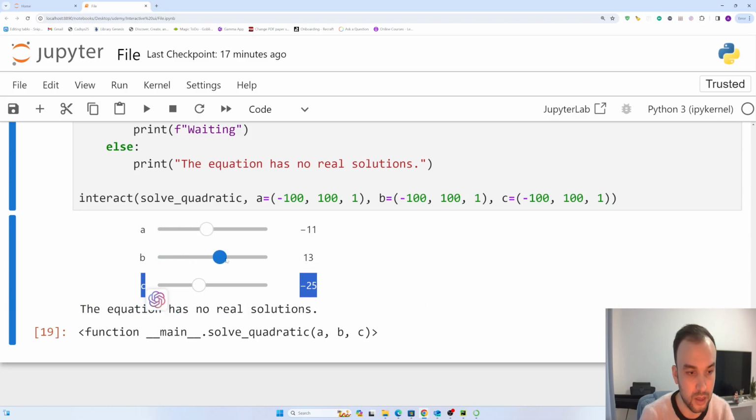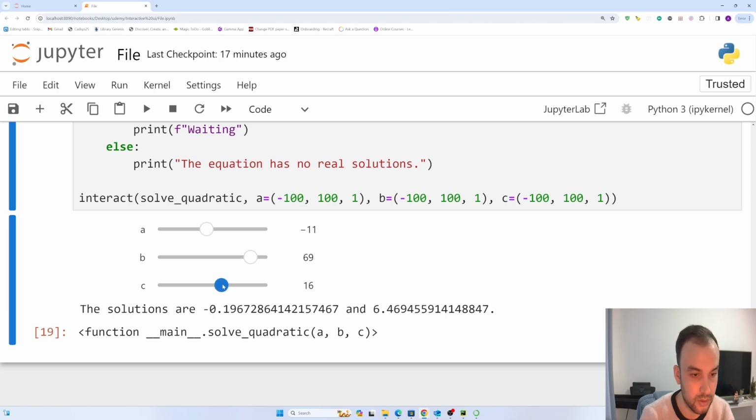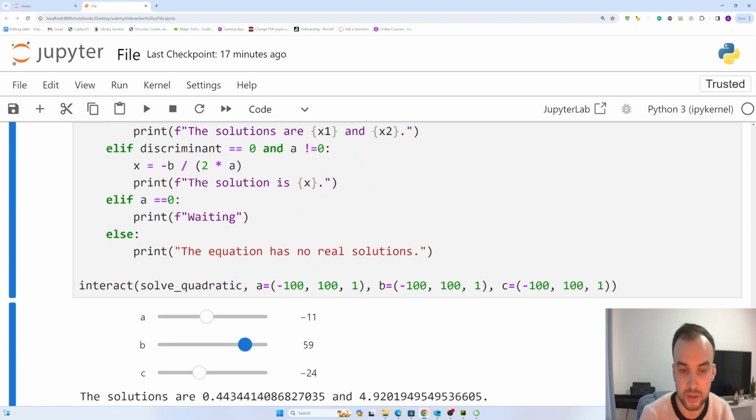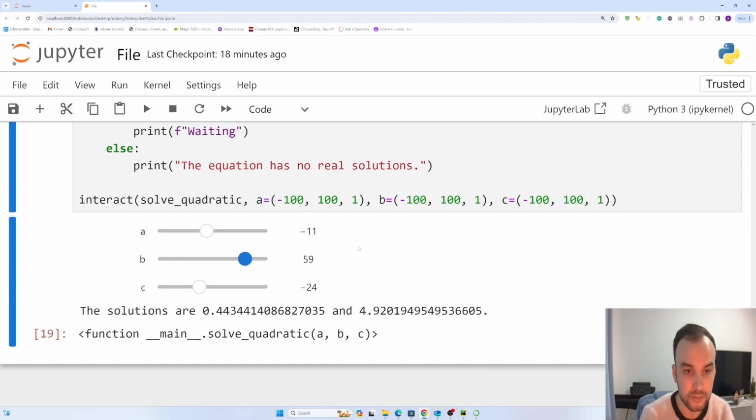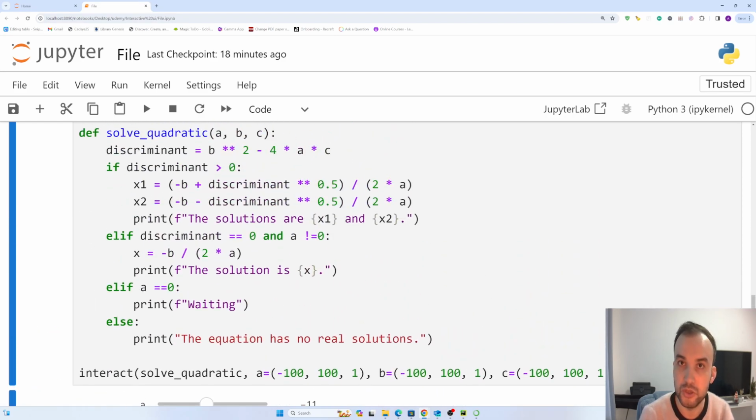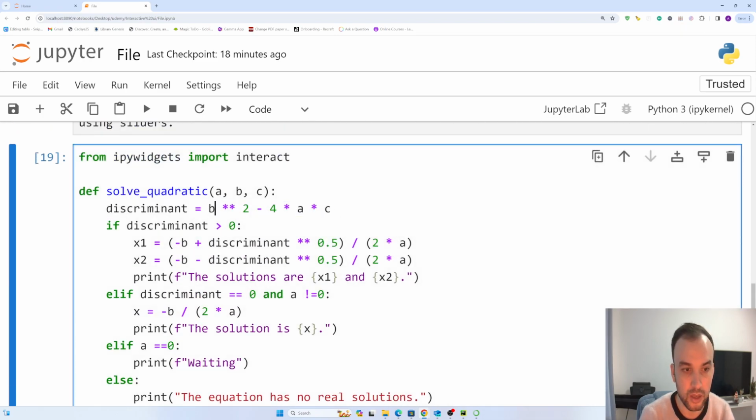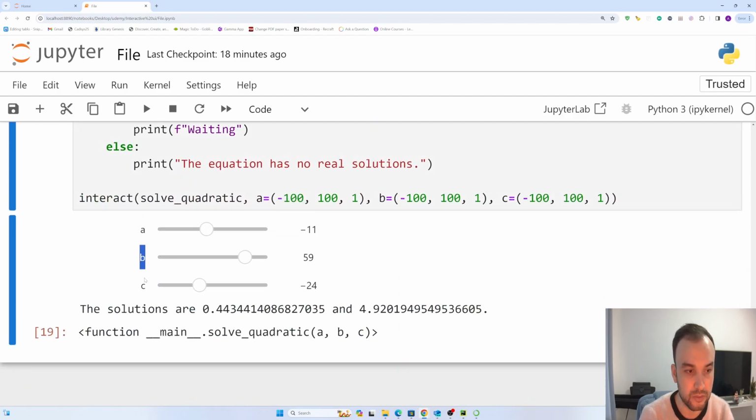It makes changing the values easier, so we can use this function. Also, if you have other equations you use frequently, you can define a specific function for that, with parameters here, and when you change them, you can see the result.